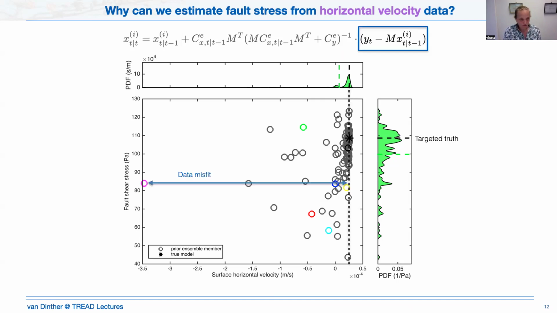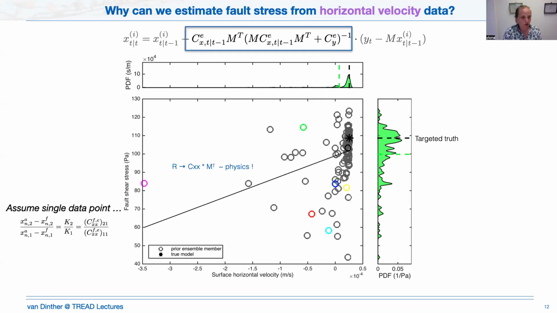So we don't know what it is. So if we then look, for example, at this magenta model, it's a single model. If we look on, that's completely on the left. So there's a very large data misfit here. So this term in the middle with the covariance matrix tells you how to update each of these models.